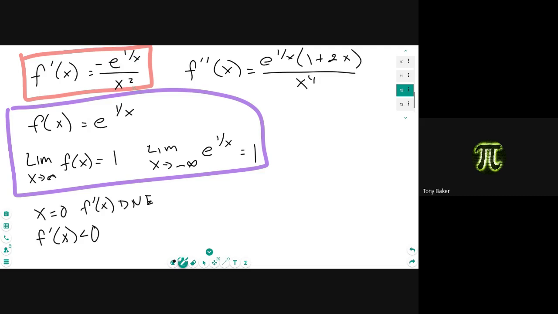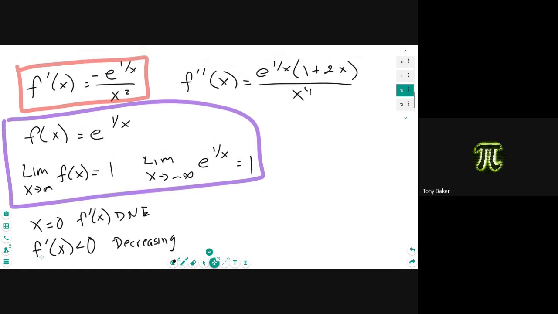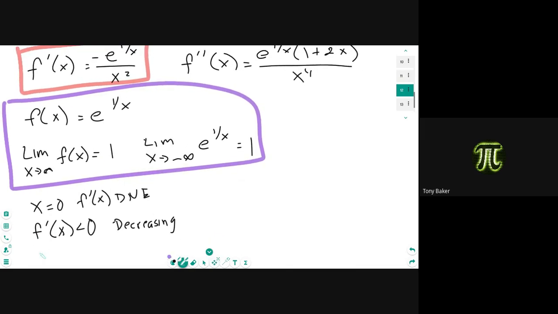And the bottom, anything squared is always positive, correct? So the bottom will always be positive. So when x is less than 0, I know that it is decreasing. And when f prime of x is greater than 0, it is doing what? It is also decreasing.